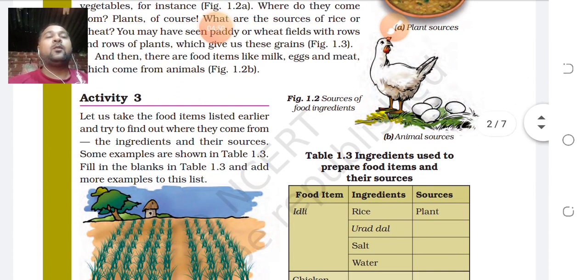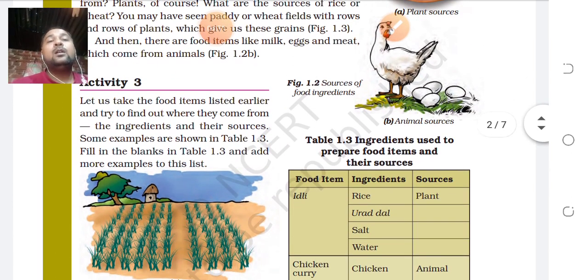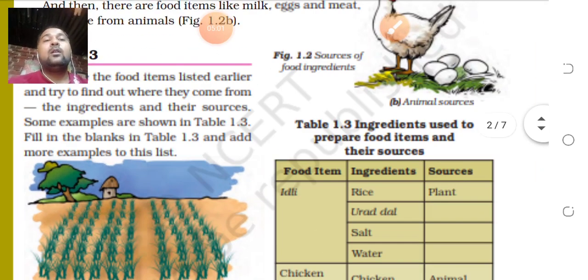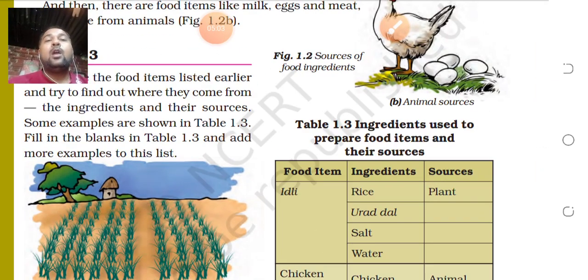Now in activity 3, let us take the food items listed earlier and try to find out where they come from, the ingredients and their sources. Some examples are shown in 1.3. Fill in the blanks in table 1.3 and add more examples to this list.